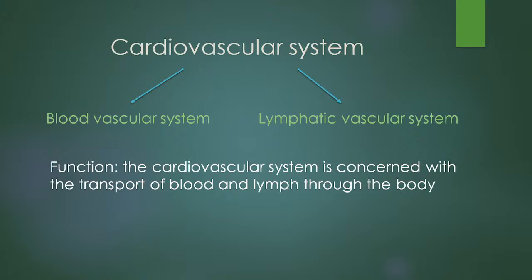You can see that the cardiovascular system can be divided into the blood vascular system and the lymphatic vascular system. And the function is the transport of blood and lymph through the body.